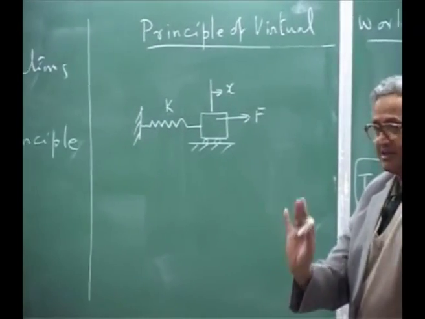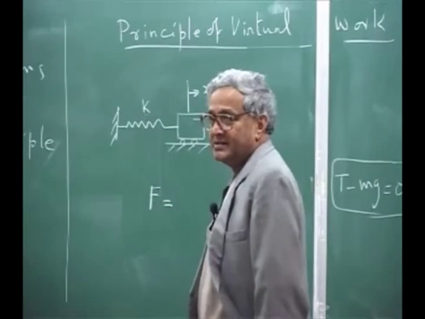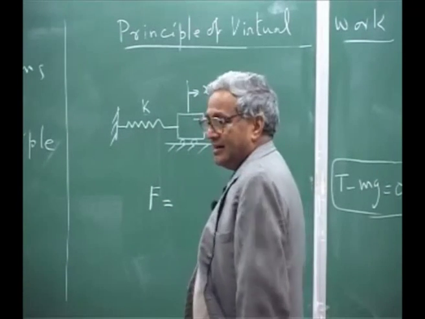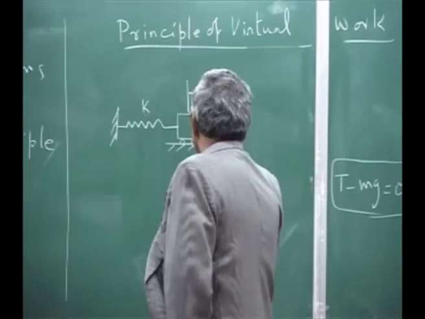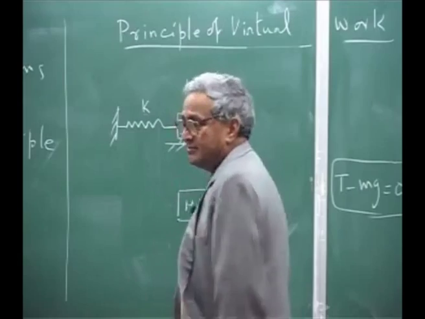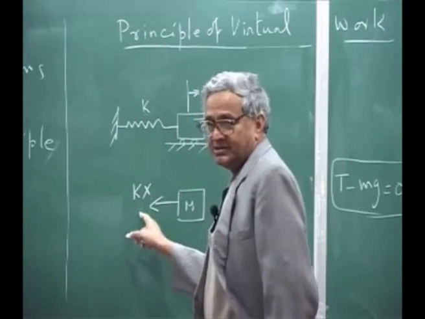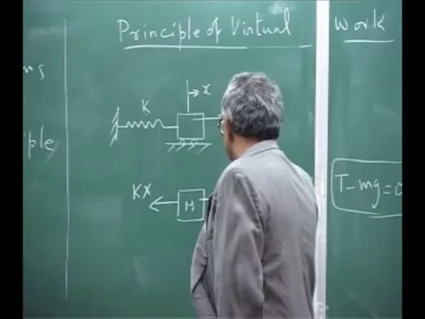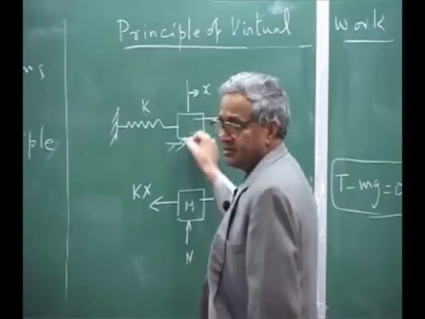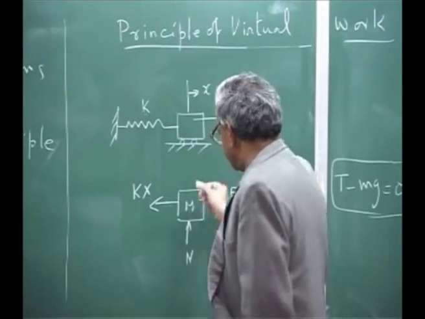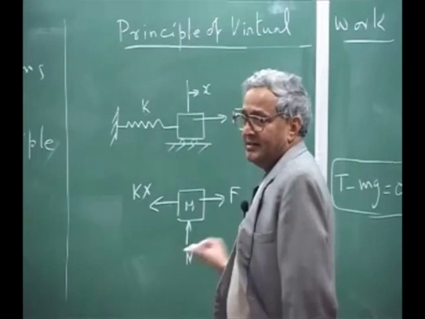So you know from static equilibrium, F is the external force. On the mass, you have a force kx acting in this direction, force F acting, and of course a normal force N, the ground reaction, which balances the gravity.